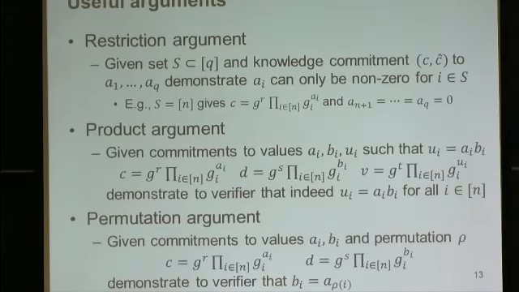We'll need three more things, some tools that we can use to build non-interactive zero-knowledge arguments. One of them is a restriction argument, which allows you to say that only certain values of A1 through Aq can be non-zero. You can pick a set S and give an argument that within that set the Ais may be non-zero, but outside that set they're going to be zero.